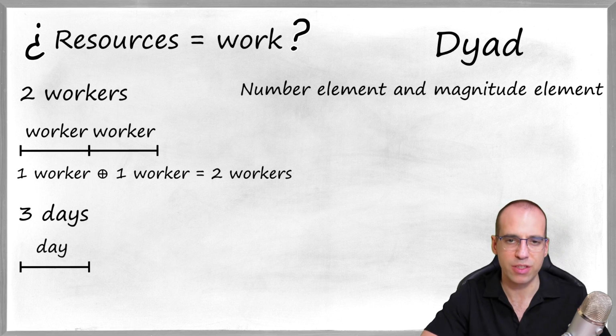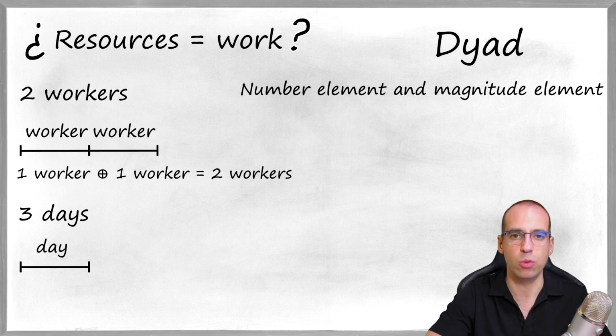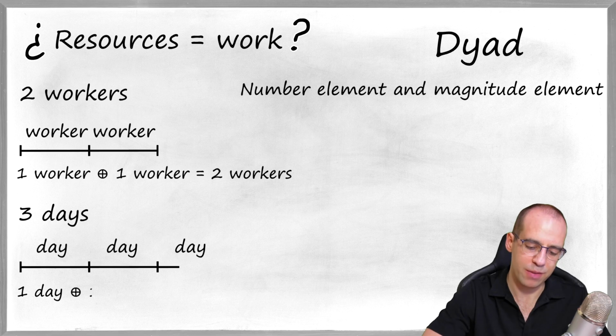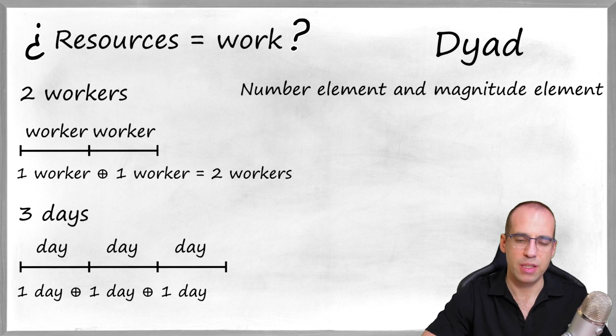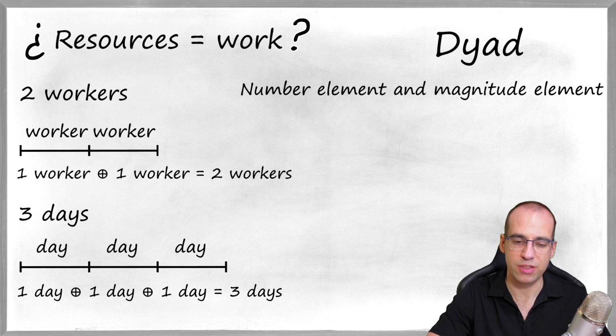But we have 3 of these segments, so we add these 3 segments together to get a final larger one, which is the result of adding segment day plus segment day plus segment day, which ultimately gives us 3 days. Once again, we've performed the consecutive addition of this day segment, since we're dealing with the same magnitude or dimensional element. In other words, these are homogeneous dyads.